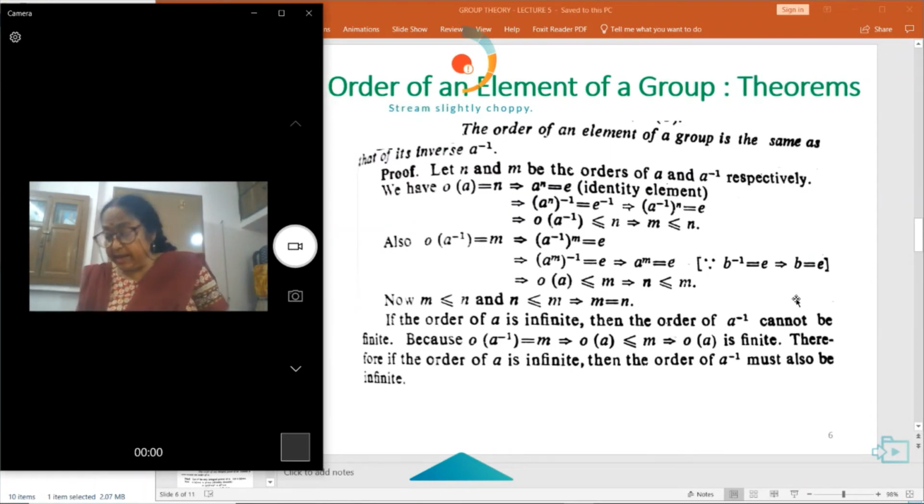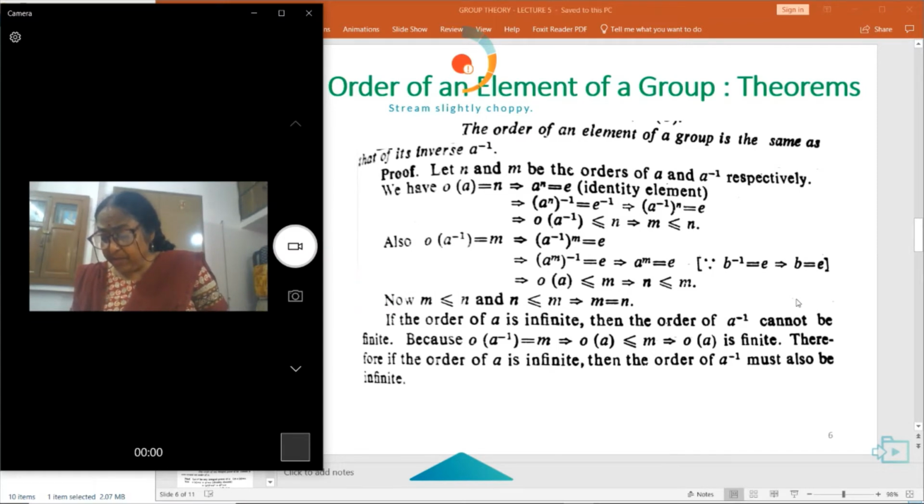Now take another example. The order of an element of a group is the same as the order of its inverse, that is a inverse. Let n and m be the order of a and a inverse respectively. Since order of a is n, then a to the power n is equal to e, the identity element.